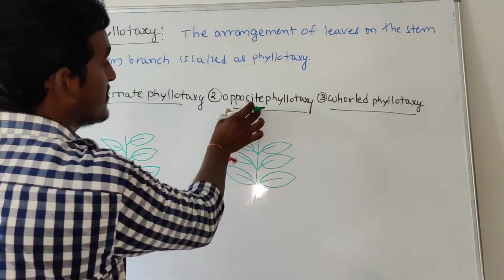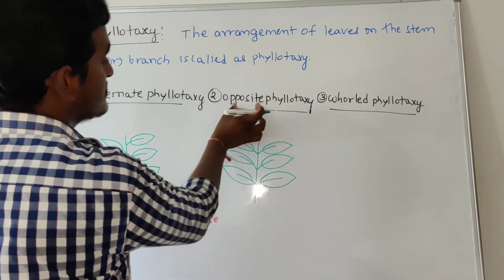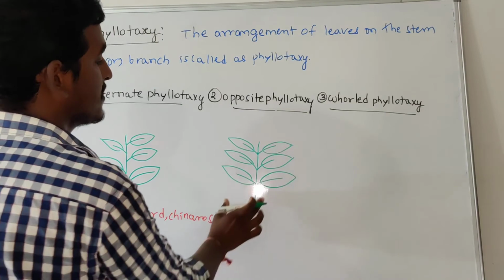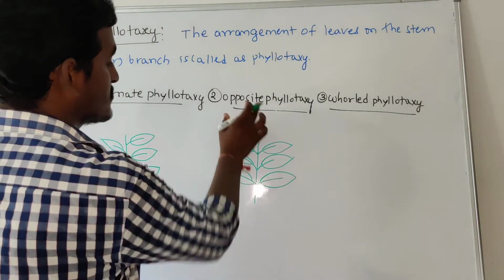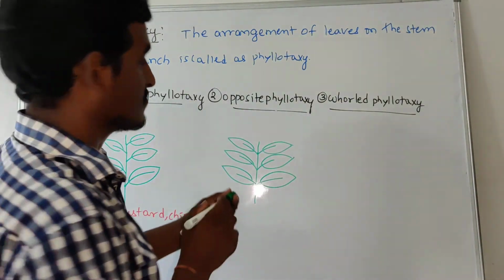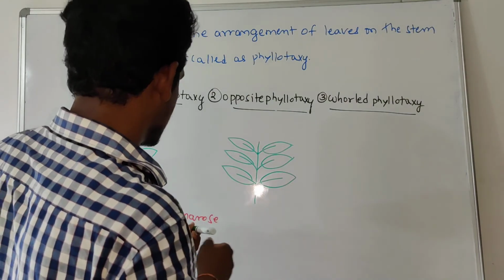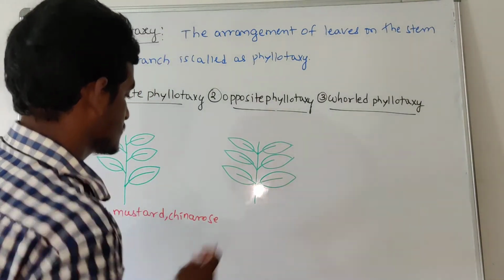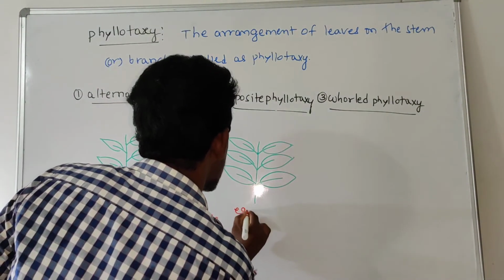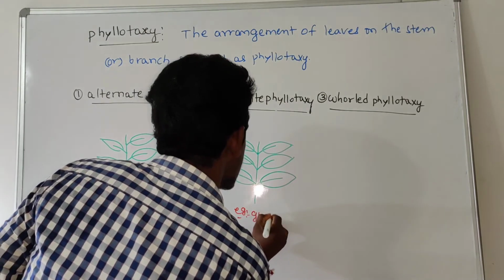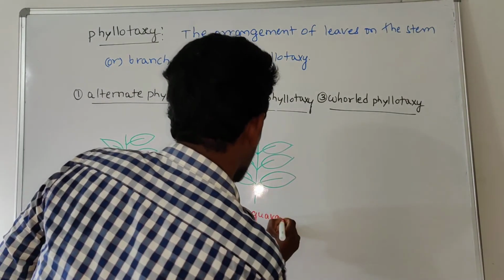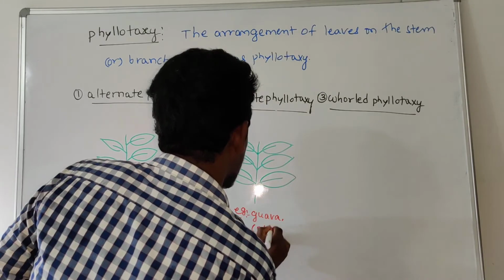Opposite phyllotaxy means the arrangement of leaves in opposite direction, two leaves, right? So what is the example for this one? Here the example is Guava and Calotropis.